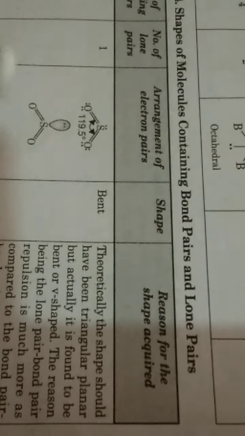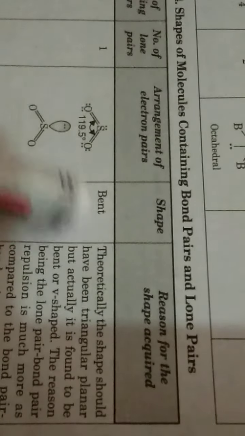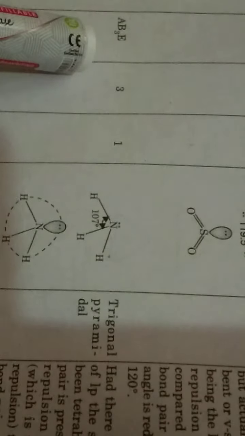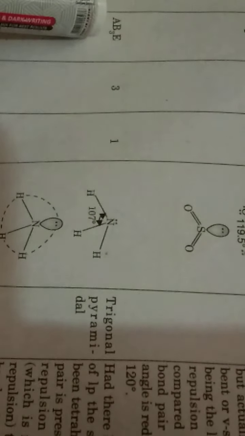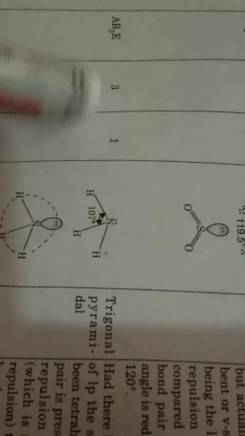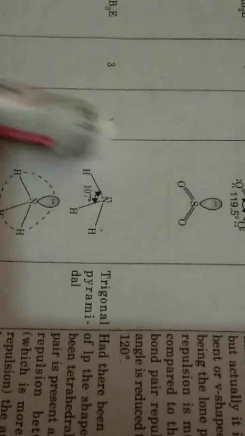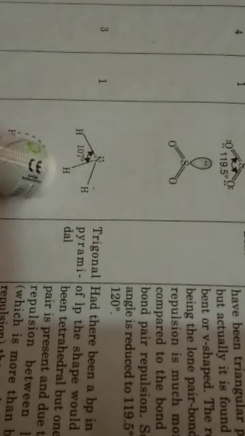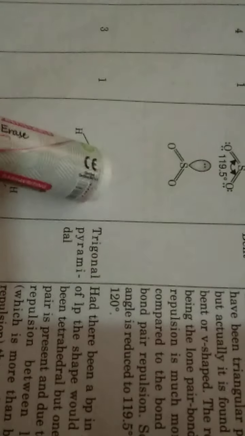So this would be the shape of sulfur dioxide, bent. Now next one is, children, AB3E type. 3 bond pairs, 1 lone pair of electrons. Example is NH3. So the shape is, see children, 1 2 3, 3 and 1 lone pair of electrons.